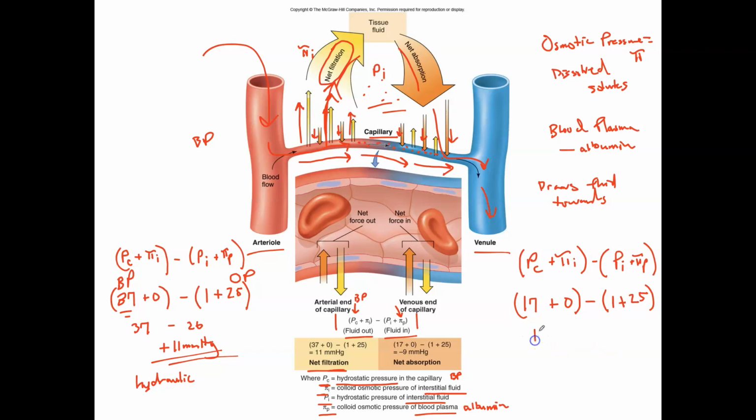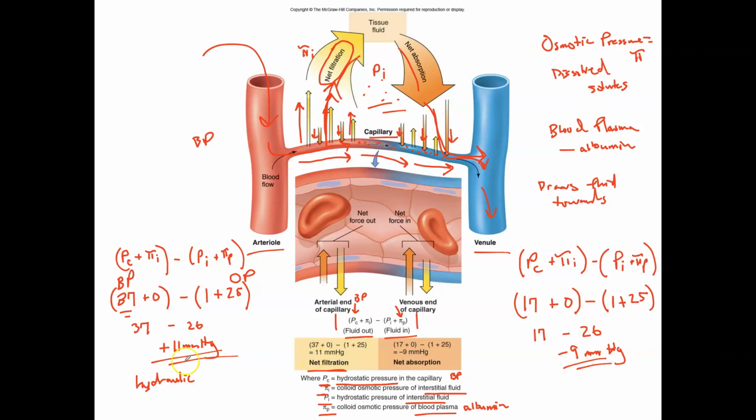So now we have 17 minus 26. So that's going to give us a net value of negative 9 millimeters of mercury. So what we're saying is that there's actually now more pressure drawing fluid back in on the venule side with this negative 9 value. And so we're getting a net absorption.